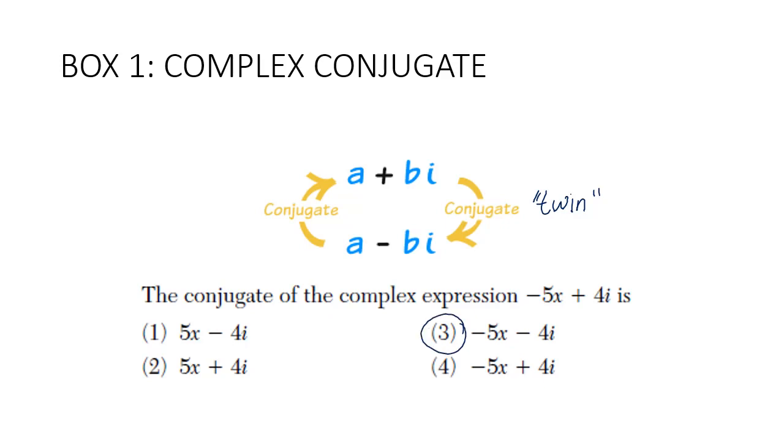Your i. Did our a change anytime? No, only our i, or the imaginary part. Do we all get it? Alright, that's the conjugate. It's needed for dividing. Any questions about conjugate? Because it's necessary to divide.